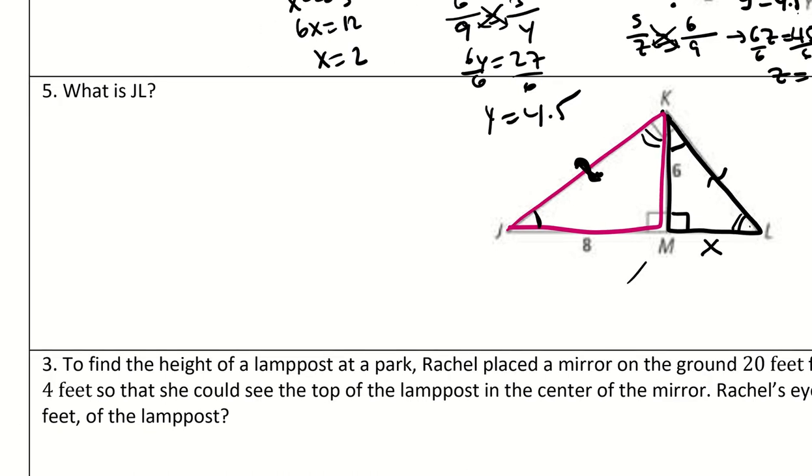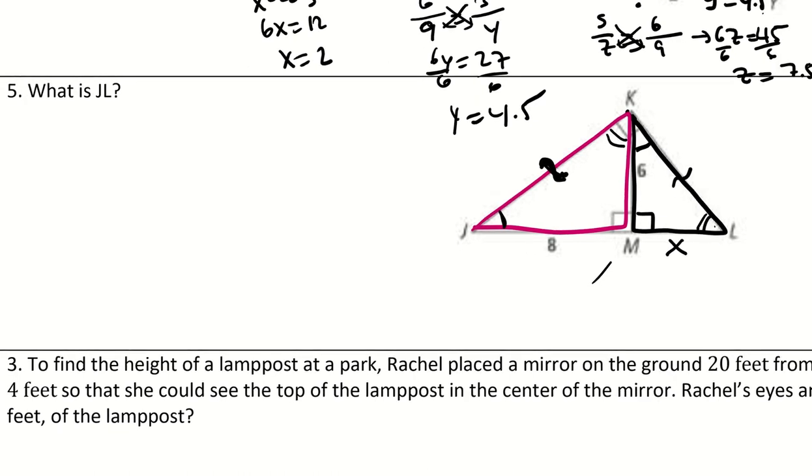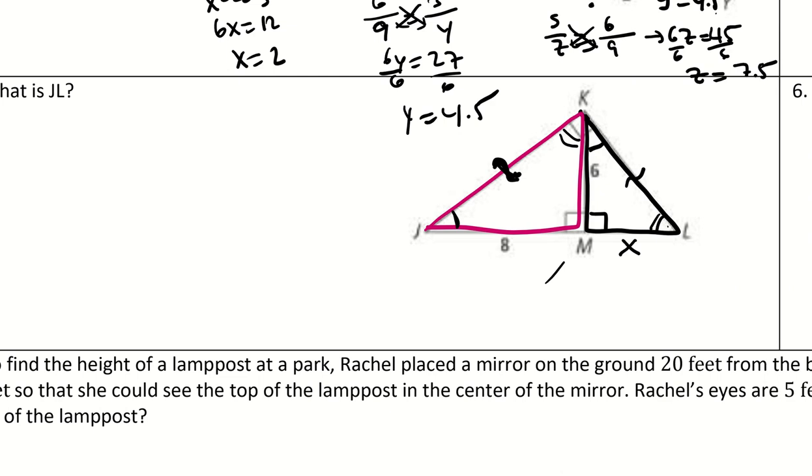So what I'm going to do is draw these two triangles just to show you. So the red one, I'm going to rotate this so that J is on top and K is on bottom.